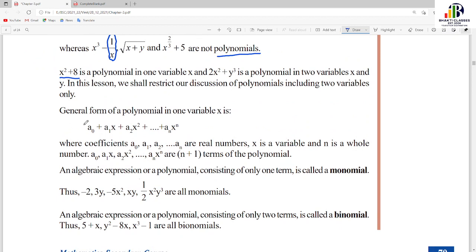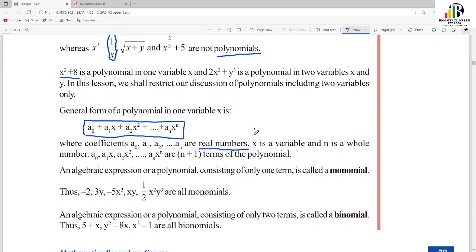Now what is the general term of a polynomial in variable x? So here this expression is the general form of a polynomial, which can be written as a naught plus a1x plus a2x square plus up to an x raised to n. This is the general form. Here we must remember a0, a1, a2 up to an all are real numbers.